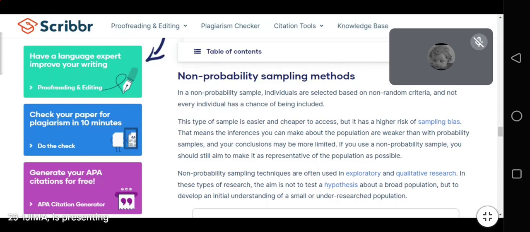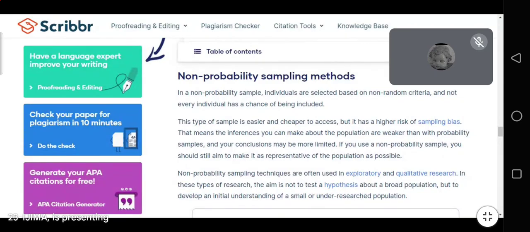Unlike what John Ray said earlier about probability sampling methods, where there is an equal chance of being selected, in non-probability sampling not every individual has a chance of being selected or included in the research.